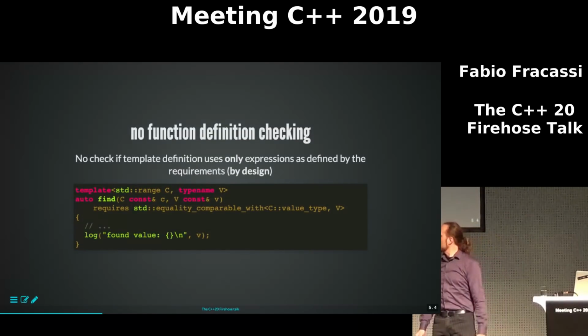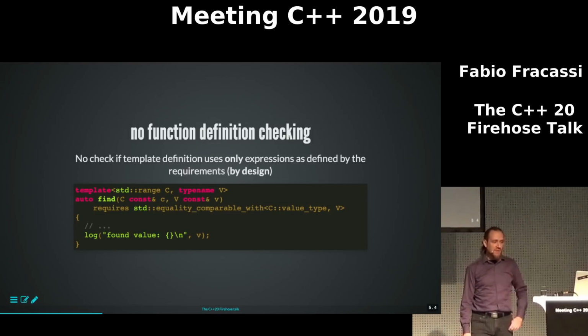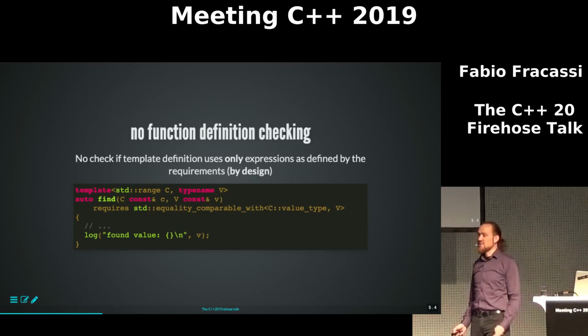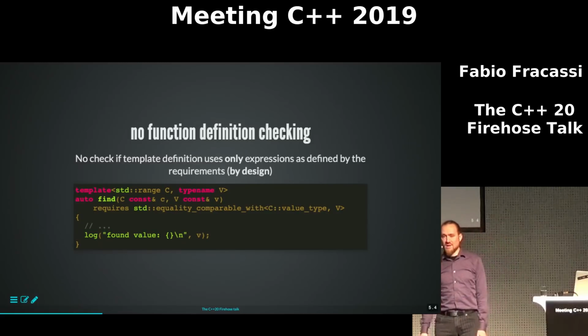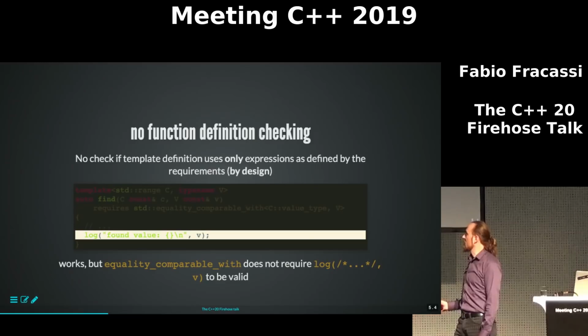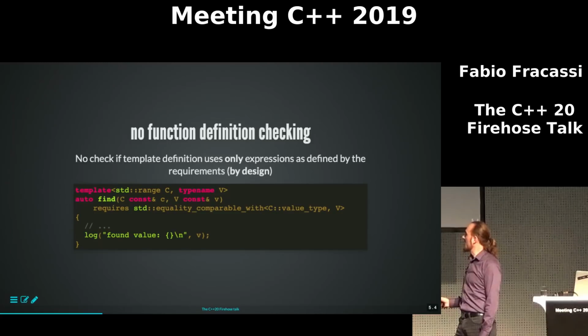What concepts don't do is function definition checking. Function definition checking would mean that it tells you if you use something inside of your template function that is not covered by the constraints you have. If you do something like this, you have a log function somewhere inside, and you don't have any requirement that says that this value is somehow formatable or streamable or whatever.